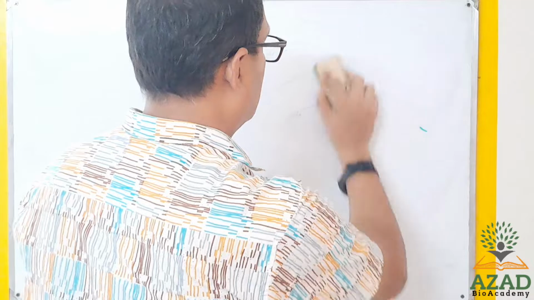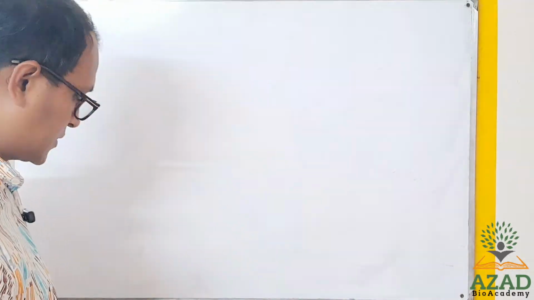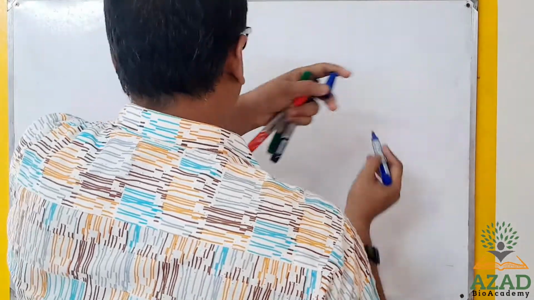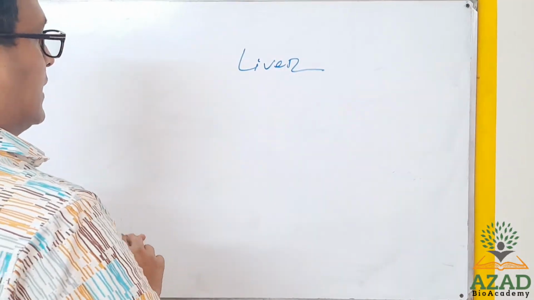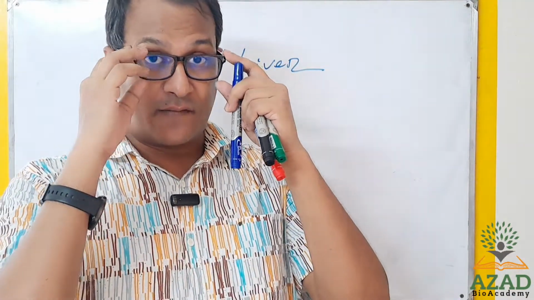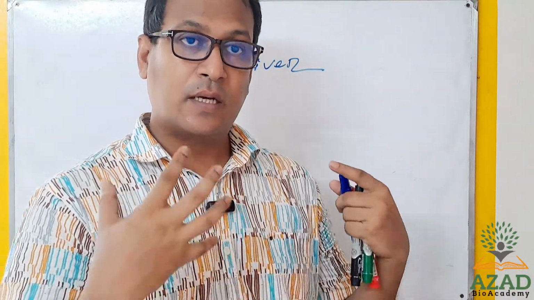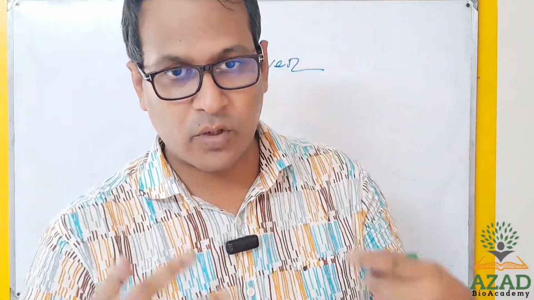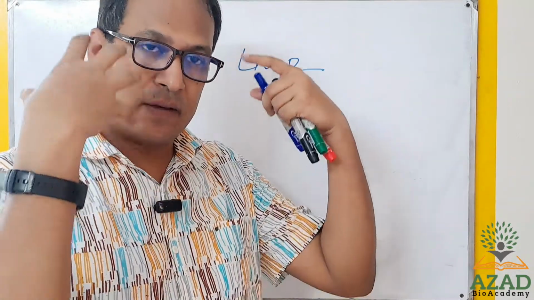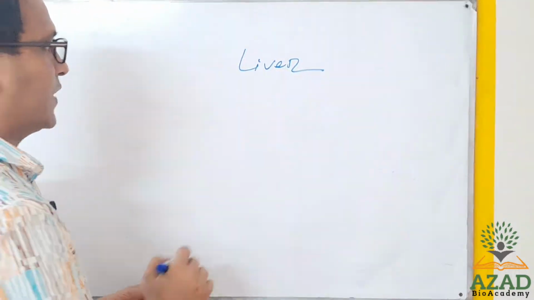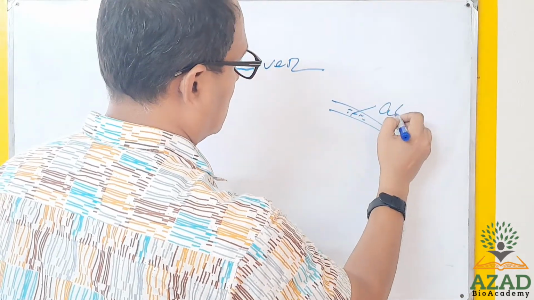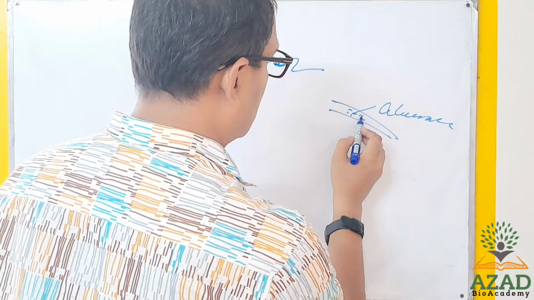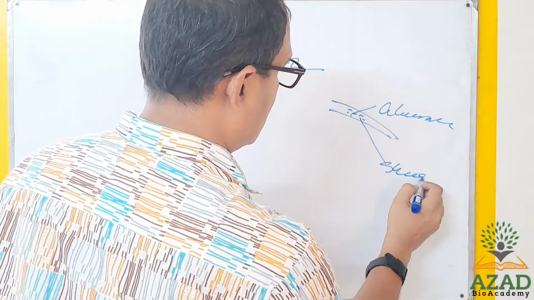Now I will go for the liver. In an emergency situation, when you feel you need more energy, or you are in an excitement or anger mode, then your blood needs more glucose, and that glucose will go to the skeletal muscle to perform.